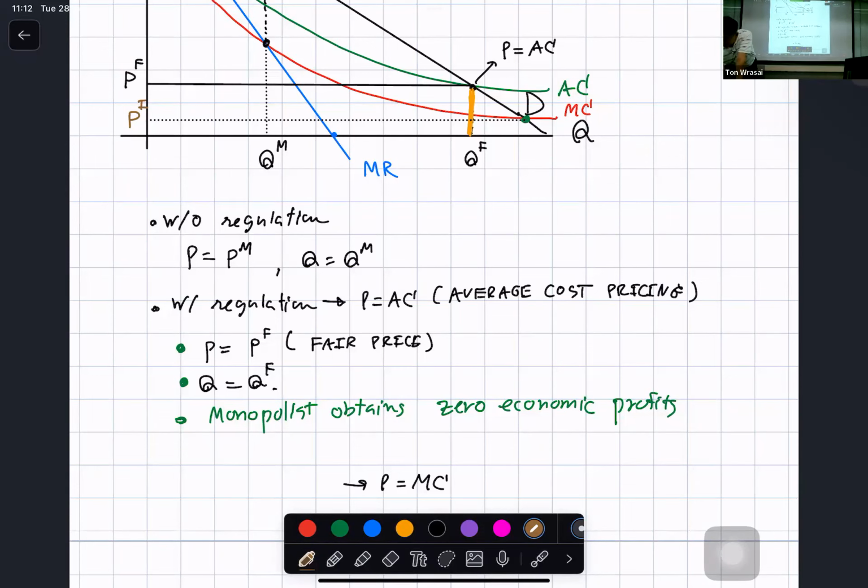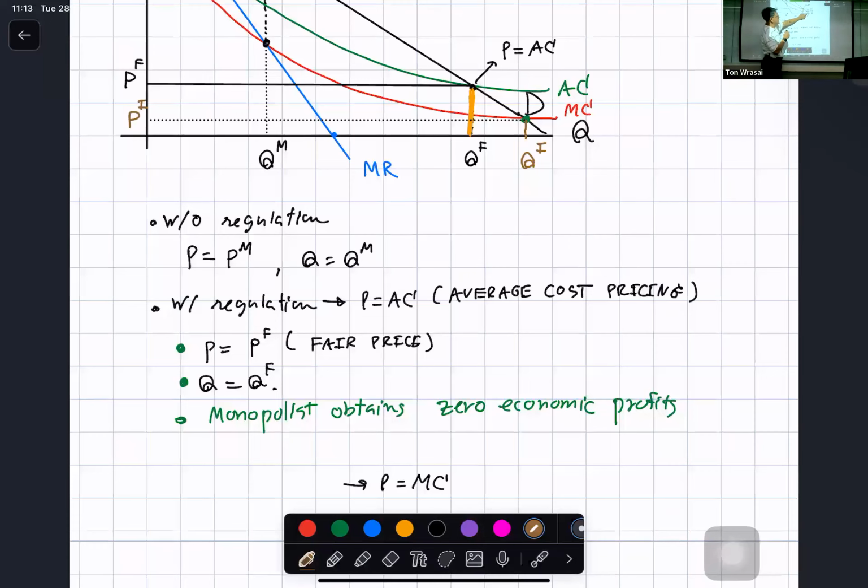And Q would be QI. Wow, the largest possible output level and the lowest possible price that consumer pay. That's why it's idealistic case. When we said idealistic, that means it's not practical. Monopolists will not do it.